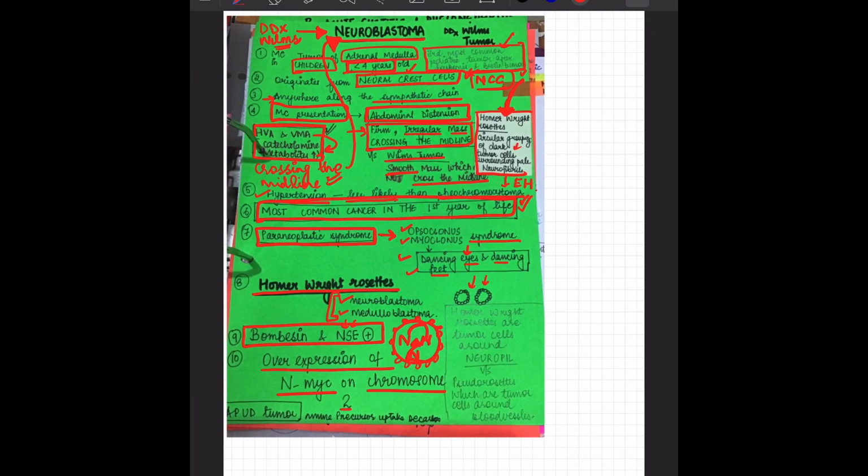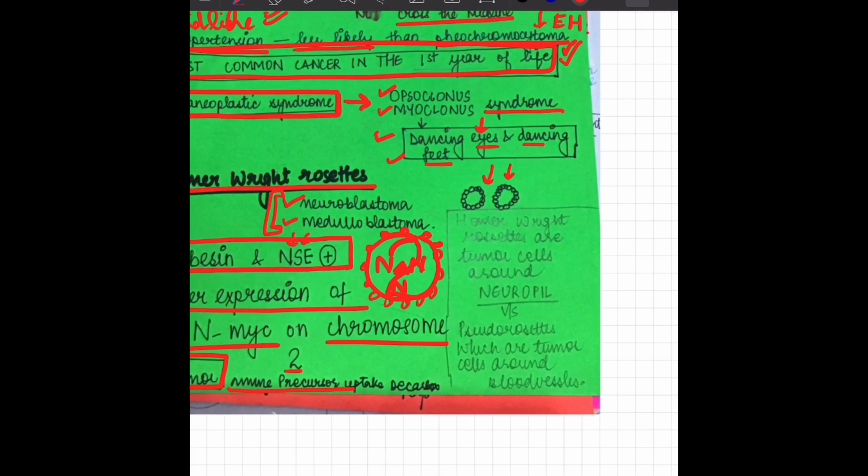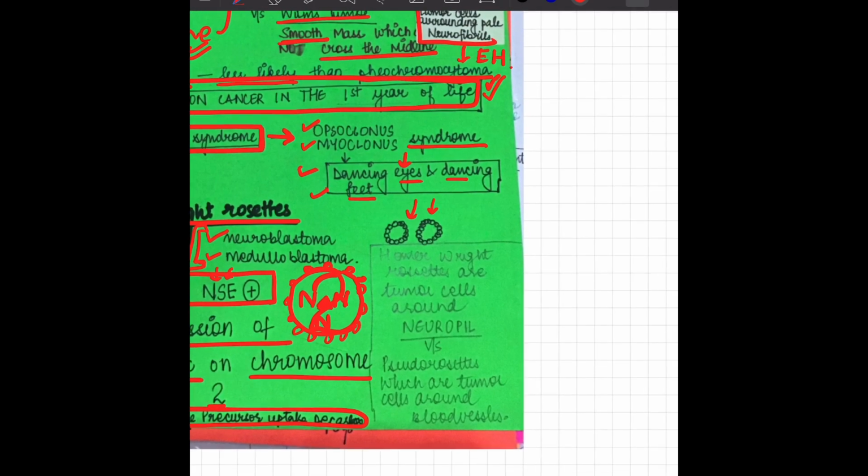Now it is an APUD tumor, that is, amine precursor uptake decarboxylase tumor. Homer-Wright rosettes are the tumor cells around a neuropil. Versus, you need to know how they differentiate from the pseudo-rosettes, which are the tumor cells around the blood vessels.